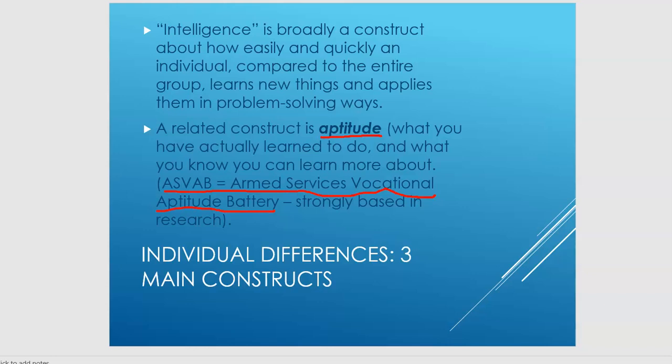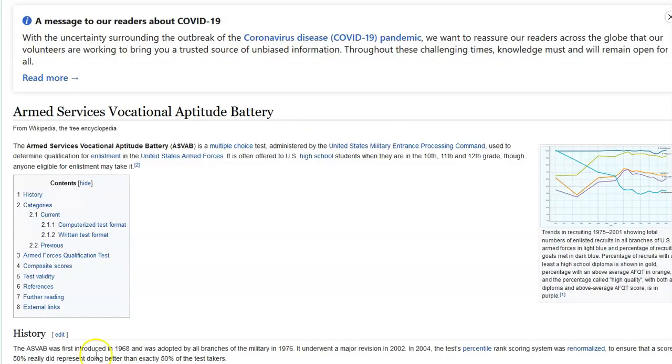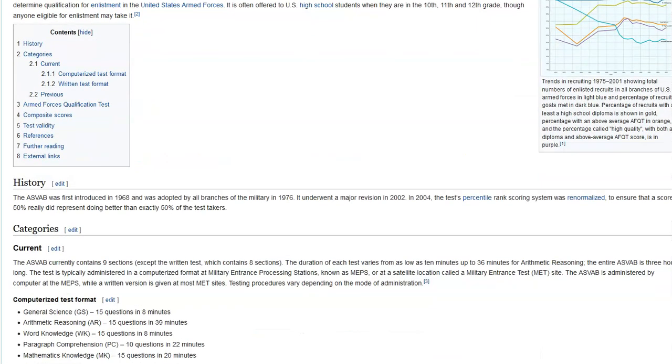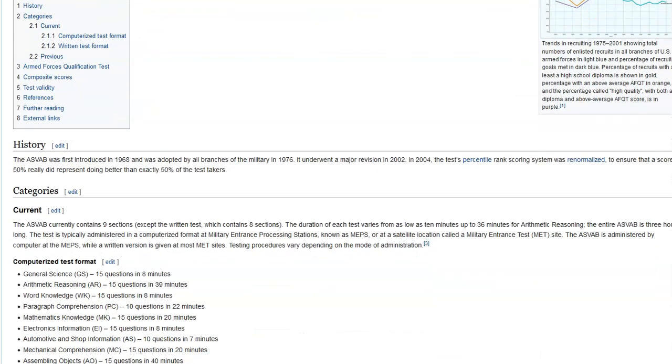I just wanted to jump over to the Wikipedia page for the ASVAB. The ASVAB is a set of tests that all of the armed services have invested a great deal of effort into developing. And always there are a few students in the intro psych classes who've taken the ASVAB, and there's usually two ways that people take it.